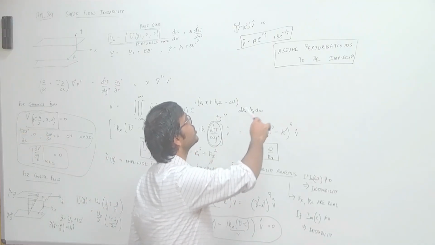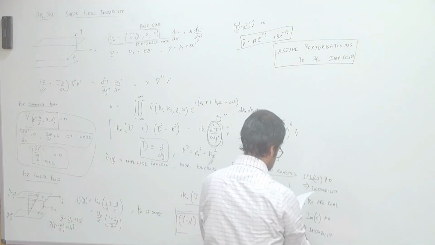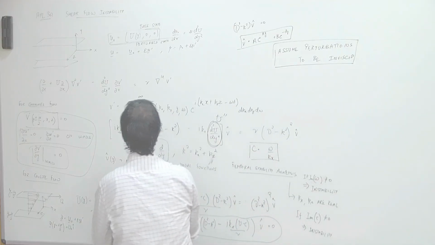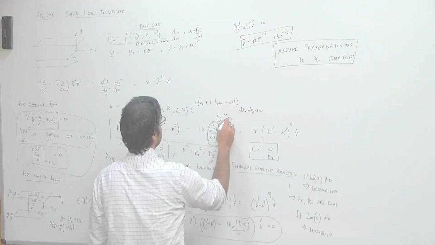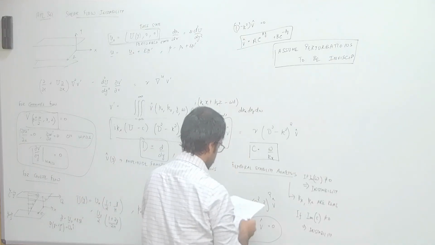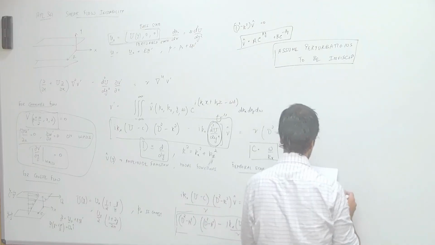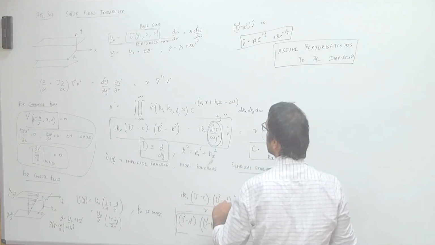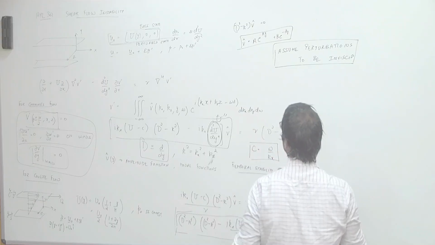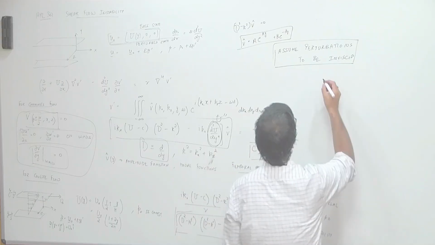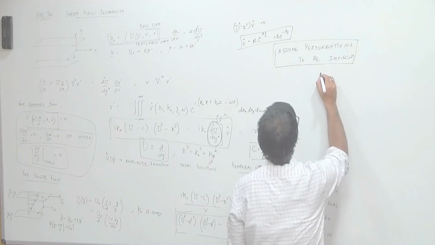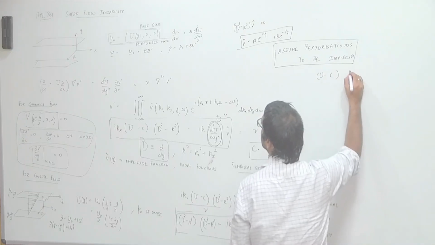and we can assume that perturbations are inviscid, and in that case your equation simplifies a lot. You will see that this right hand side we are ignoring, and we are trying to write this Orr-Sommerfeld equation as a simplified equation that becomes this.